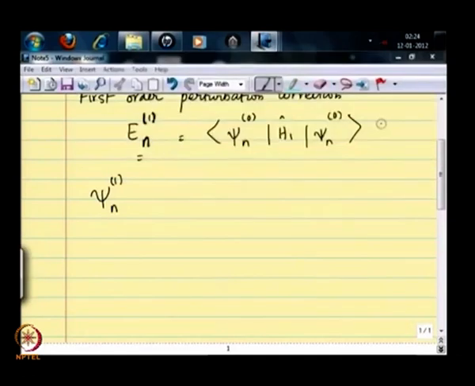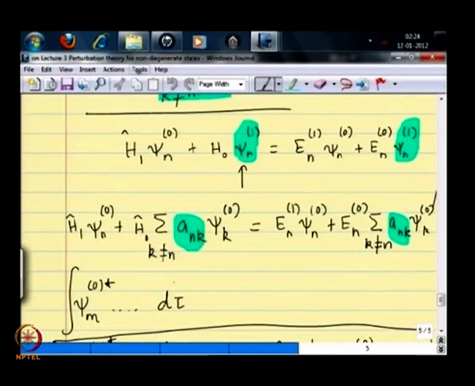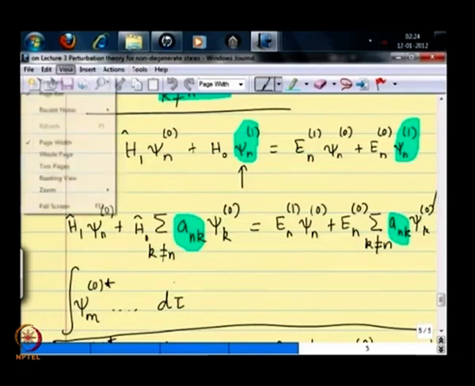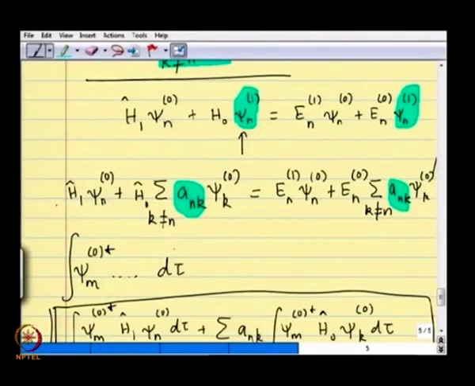Now, if you recall this particular screen, to obtain the first order correction to the wave function, marked in green here by psi n1, what we did was to propose an expansion for psi n1 in terms of all the basis states of the perturbation free Hamiltonian, the eigenstates of the perturbation free Hamiltonian.